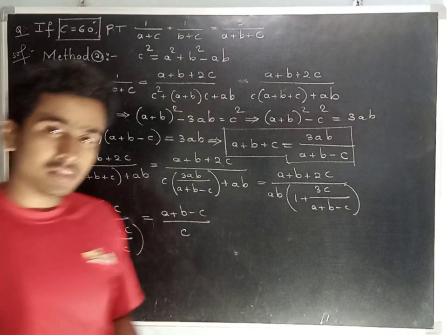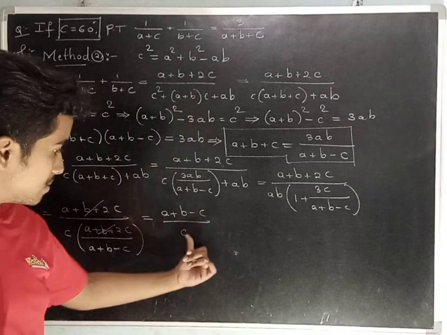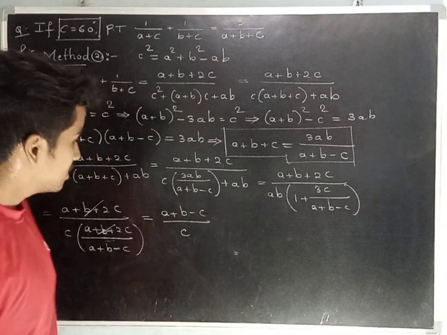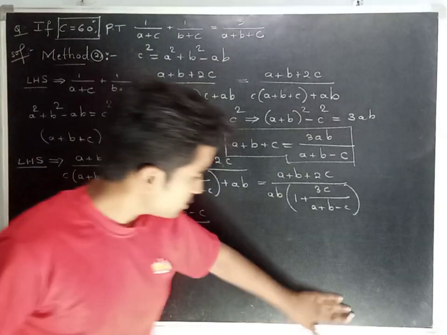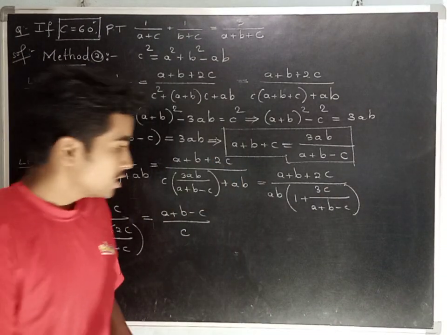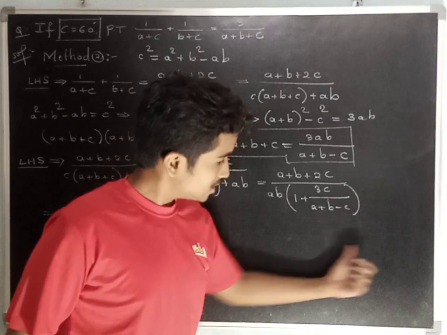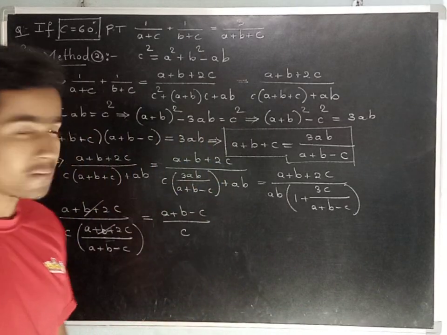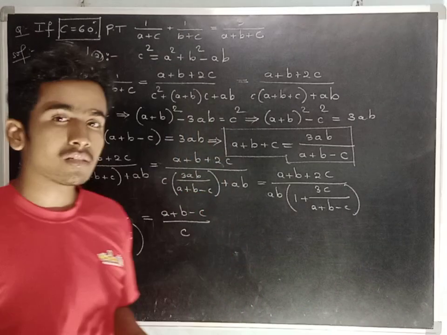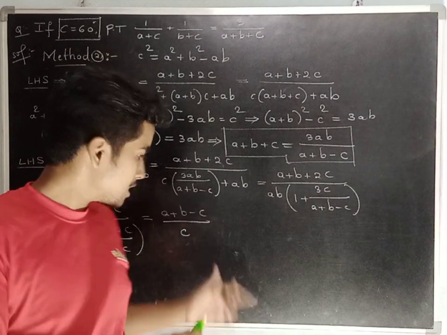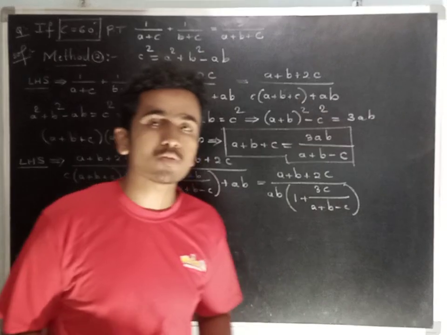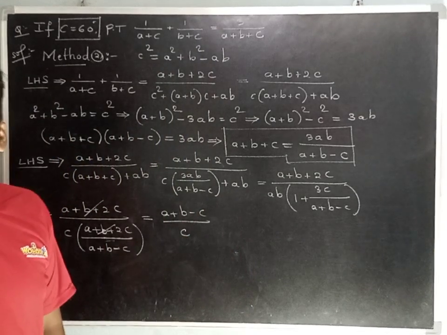In the first method we have discussed that a plus b minus c by c. The same term we have got. If you rewind the video, you can check that I have written it here. So a plus b minus c by c. Using semi-perimeter, a plus b plus c is equal to 2s. A plus b minus c is nothing but 2s minus 2c by c.